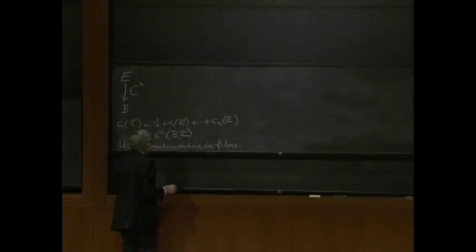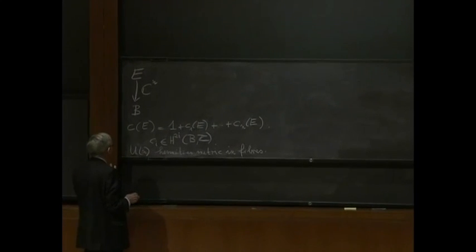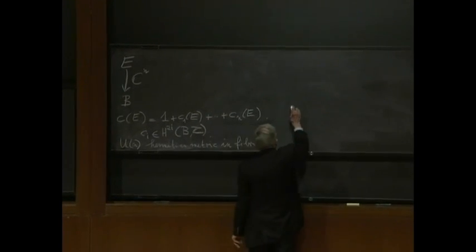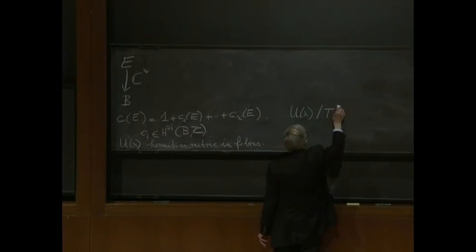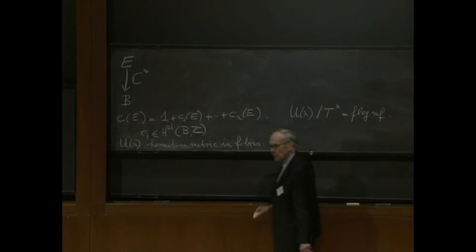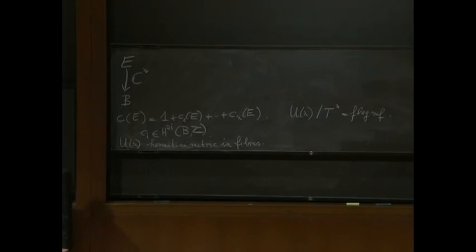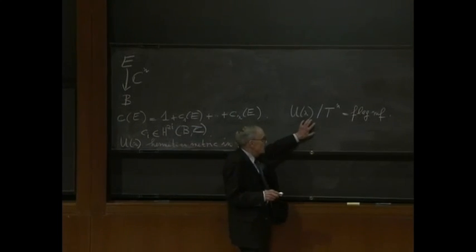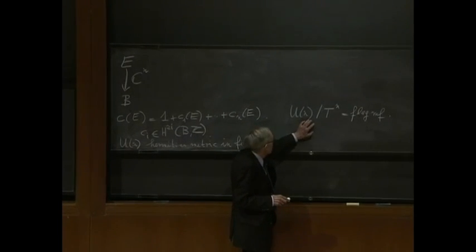And so now we can take the flag manifold, which is a unitary group divided by the maximal torus, and this maximal torus consists of all diagonal unitary matrices. And of course, a point in this homogeneous space is an n-tuple of one-dimensional linear subspaces of Cn.